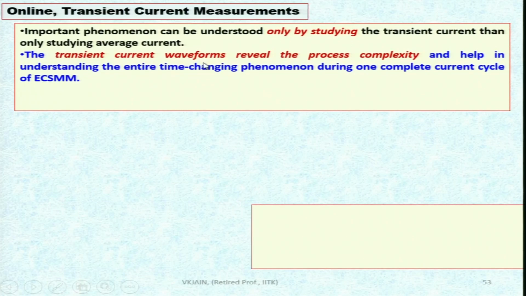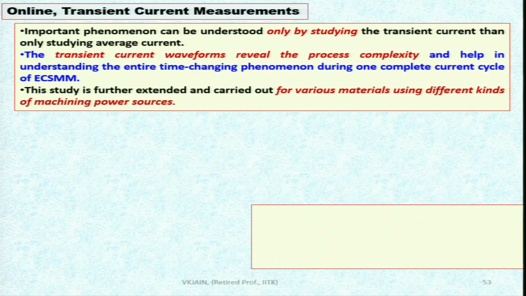The transient current waveforms reveal the process complexity and help in understanding the entire time changing phenomena during one complete current cycle of ECSMM, that is the time phenomena T1, T2, T3 and T4.